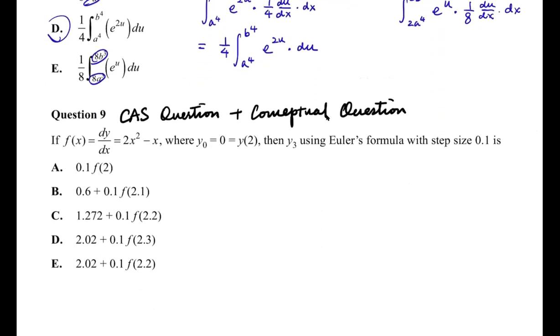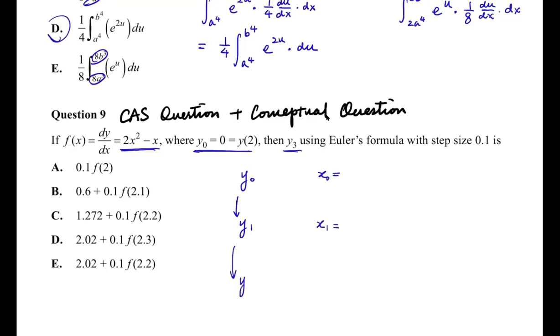The next part is a CAS question combined with some conceptual aspect. Now let's have a look. We have a dy/dx here with one initial point. We want to find y3. So let's think of the algorithm behind. We are getting from y0 to y1. y0 corresponds to x0, y1 corresponds to x1.